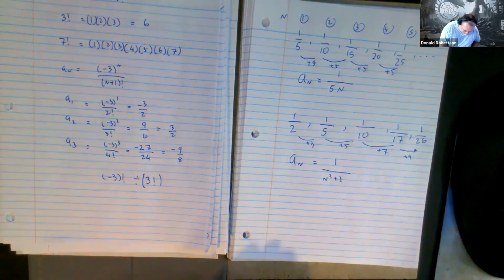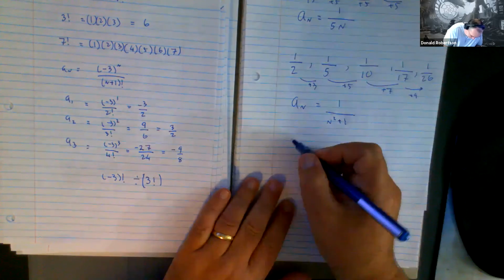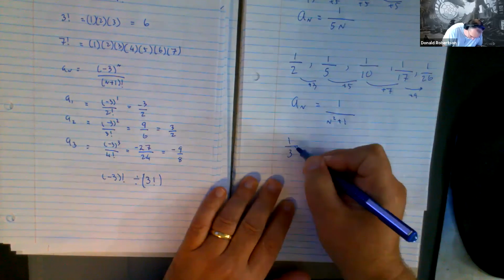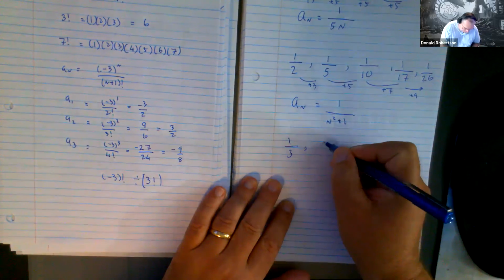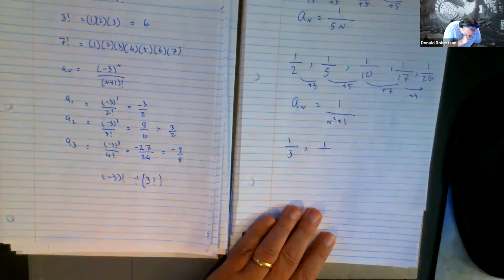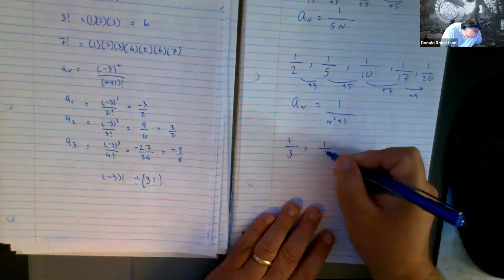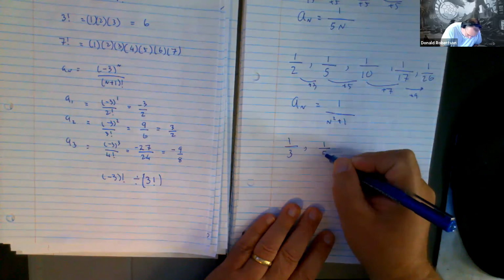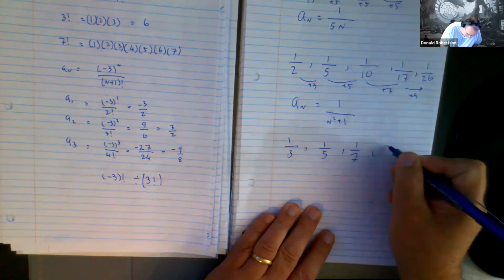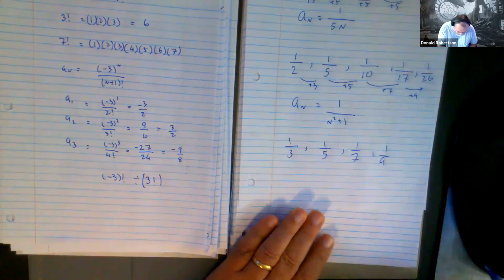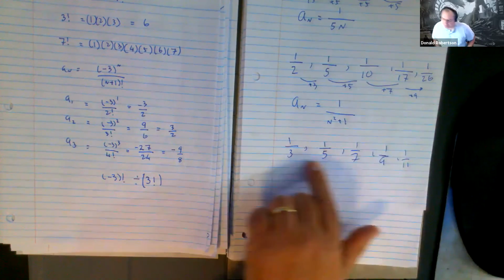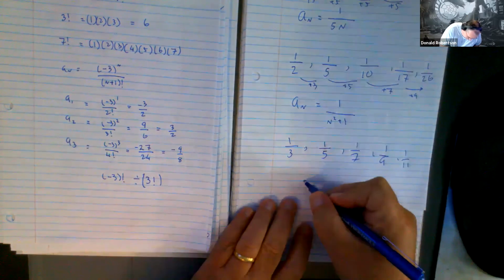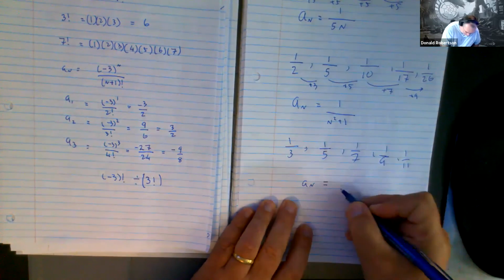So I'll give you one last example now. Would you agree you could probably figure out the next number, right? But we want to find a general formula. Right. Top number's 1.